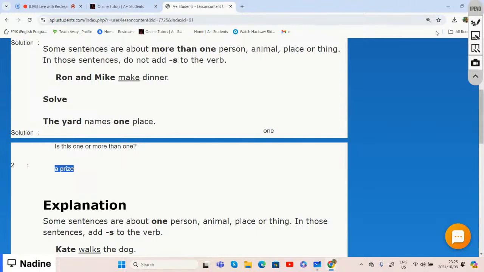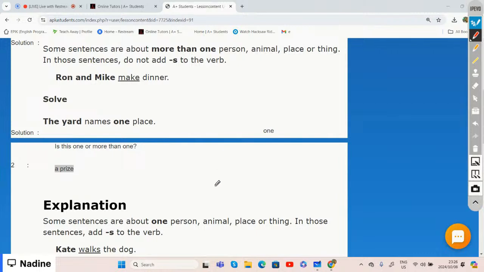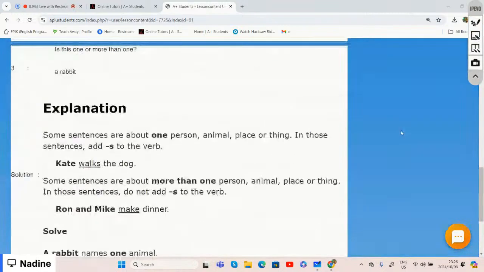Yes, well done. So a prize means that we are talking about one prize only. Well done. We're only making mention of one prize.